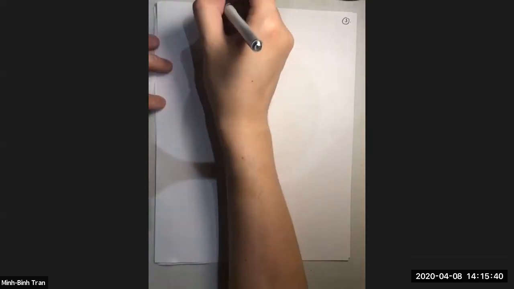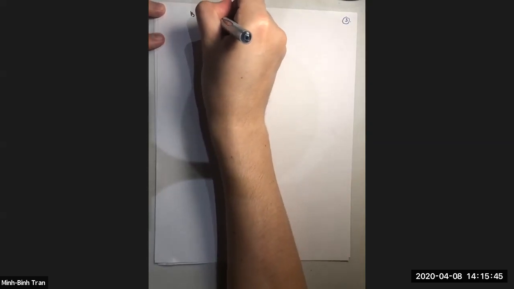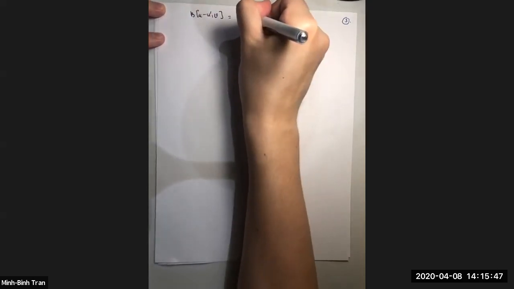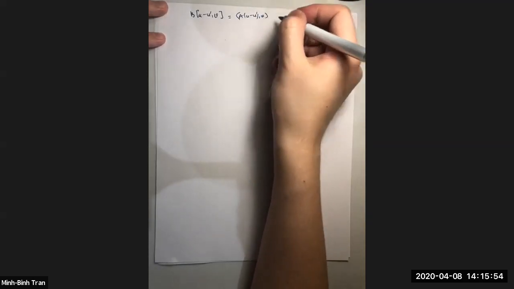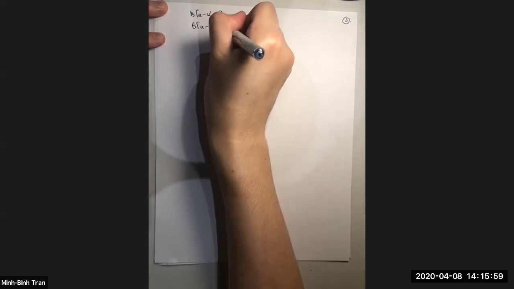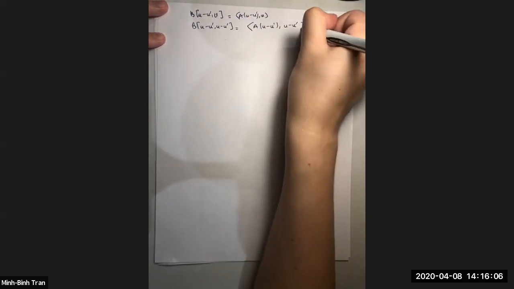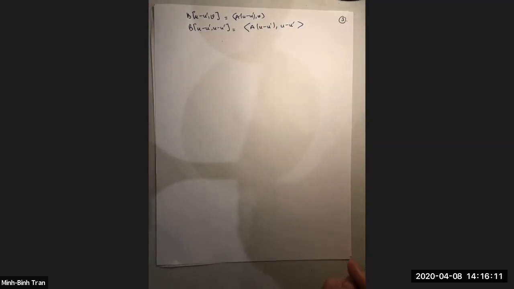We have B(U minus U prime, V) equal to A(U minus U prime)V. Now I choose V following Surab's idea, and I have B(U minus U prime, U minus U prime) equal to A(U minus U prime, U minus U prime).